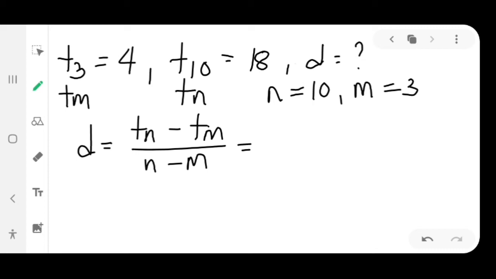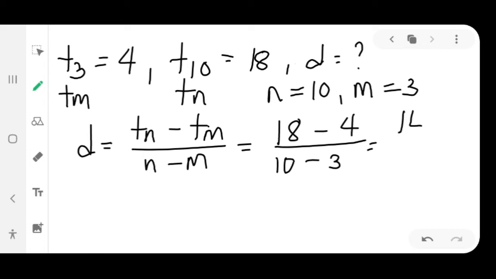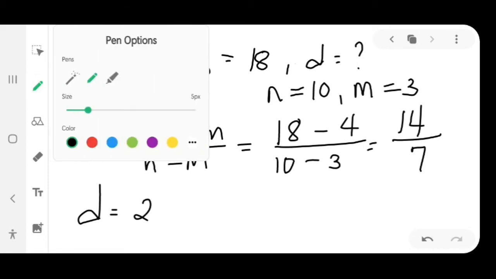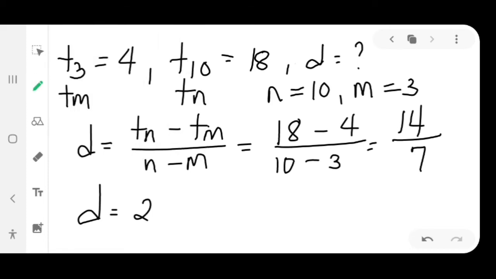So t sub n here is 18, t sub m is 4, all over n, which is 10, minus 3. 18 minus 4 is 14, 10 minus 3 is 7, so 14 divided by 7 is 2. So our common difference, given that the third term is 4 and the 10th term is 18, is 2.